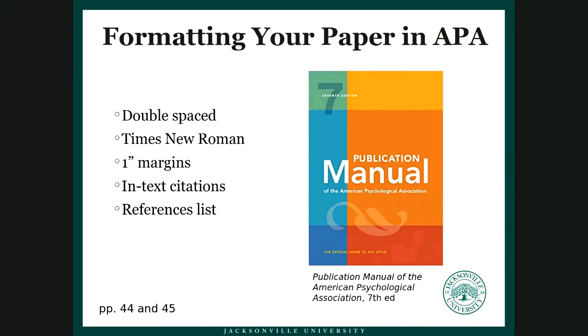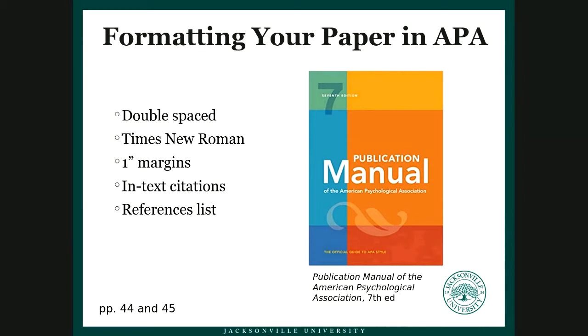When you start your paper, when you're formatting your paper, you want to make sure that it's double spaced, Times New Roman, with 1-inch margins, and then you're always going to cite your sources twice. You're going to cite them throughout the text. Anytime you mention a source, whether you're using a direct quote, paraphrasing the source, or summarizing the source, you want to use the in-text citations, and we'll look at that in just a little bit.